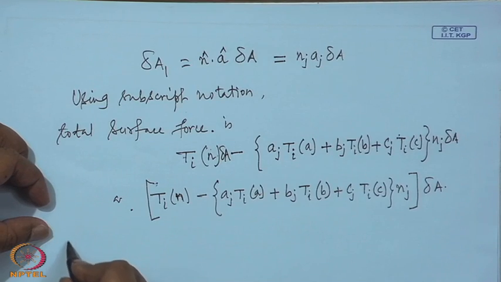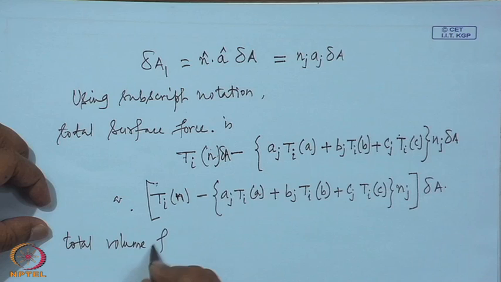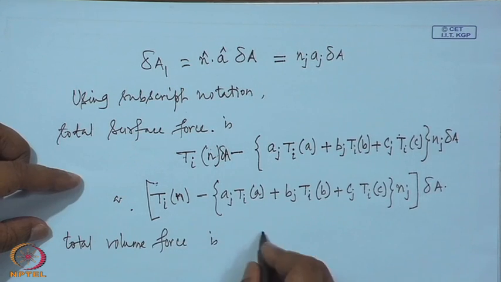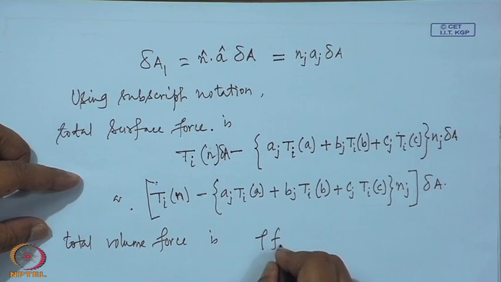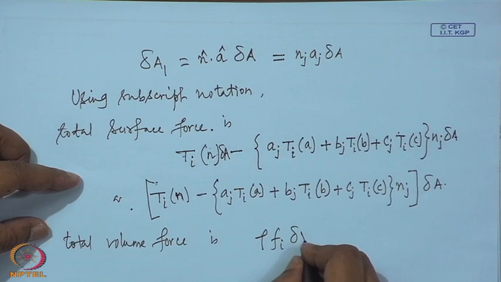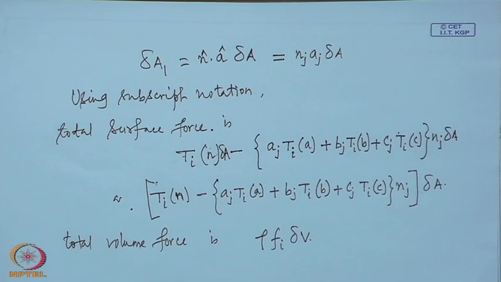If we consider again that the volume force acting on that element is rho f delta v, so the total volume force, and this is the force that is being applied on that tetrahedral element.